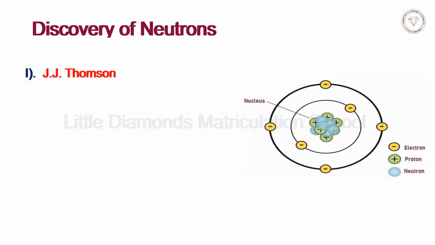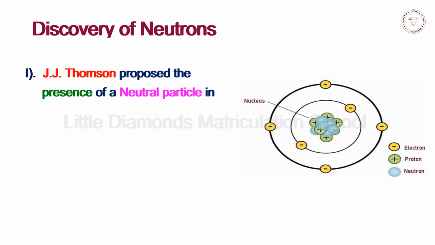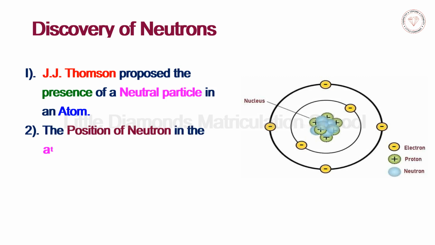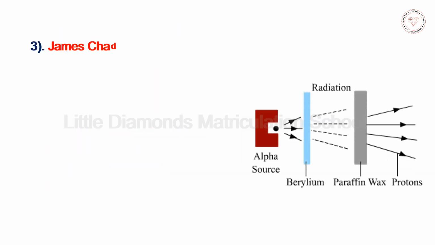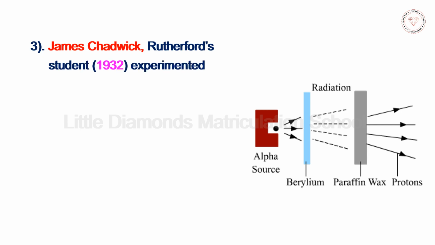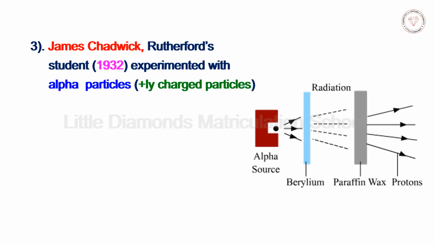Discovery of neutrons. J. J. Thomson proposed the presence of a neutral particle in an atom. The position of neutron in the atom was not known till Rutherford described the atom model. James Chadwick, Rutherford's student, in 1932 experimented with alpha particles on beryllium.